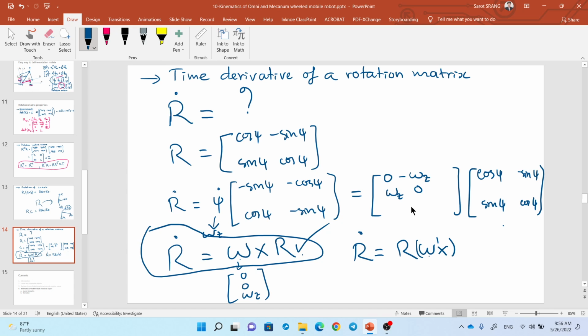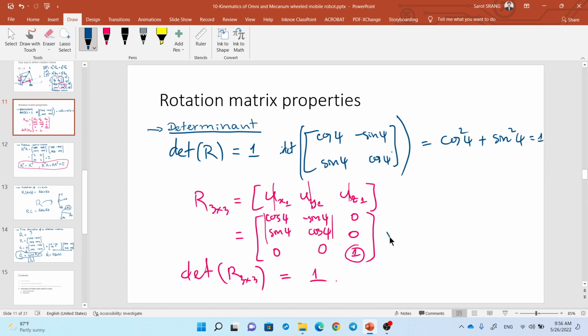So here, how do I fit this 3-dimension to this 2-dimension, using this formula? I just showed you earlier that we can construct a 3-dimensional rotation matrix because rotation in the plane xy has the same meaning as rotation around the z-axis.